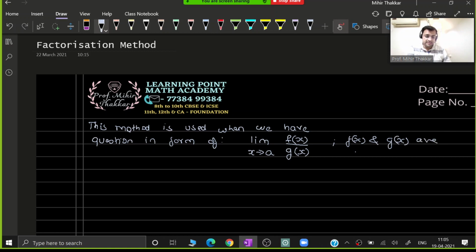Fx and gx are polynomials. Point number one.